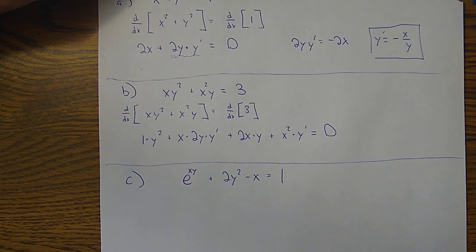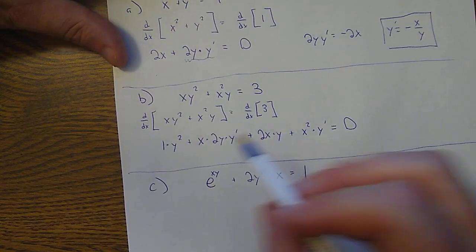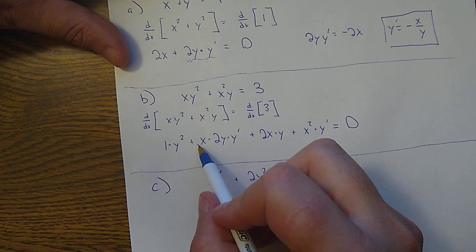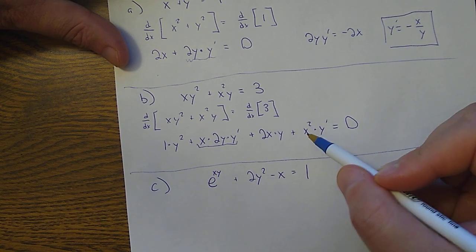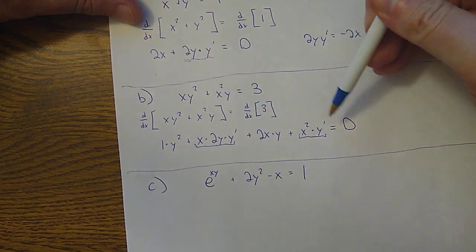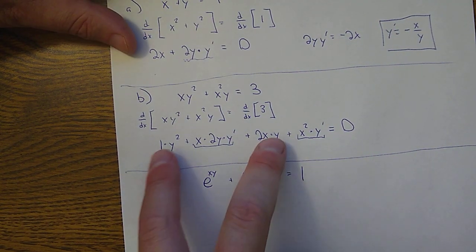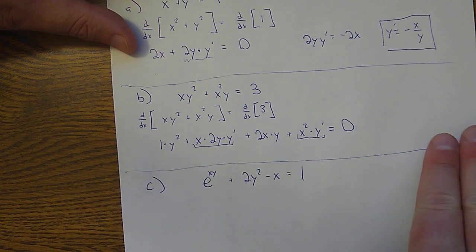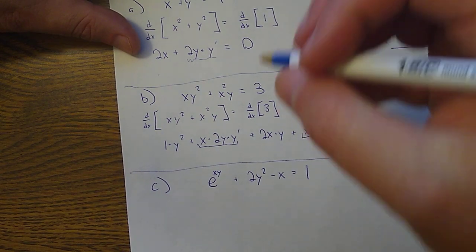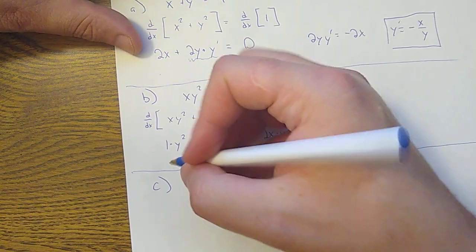Okay, now I want to solve for y prime, and this is not as bad as it gets, but this is a common theme here. I'm underlining the parts that have a y prime on them. Everything that doesn't have a y prime on it, I'm going to move over to the right. With what's on the left, I'm going to factor y prime out.